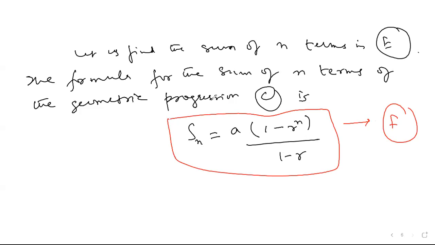So what is the formula for the sum of n terms of the geometric progression C? It is Sn is equal to A times 1 minus r raised by n over 1 minus r.